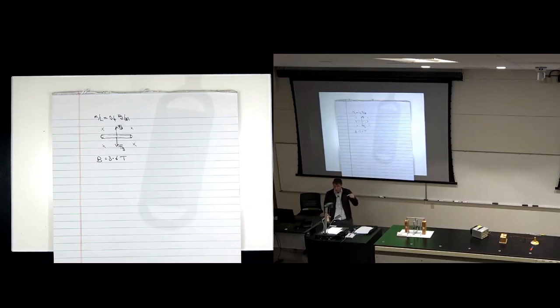Maybe the current's going towards the left. Let's try it for that, see if we get an upwards force. Maybe it's going towards the right. Let's try that, see if we get an upwards force. So if the current was going towards the left, then I'm going to use my right hand, put my fingers towards the left. I'm going to curl my fingers in towards the screen because that's the direction of the magnetic field. So this is the right-hand rule. My thumb is pointing down.